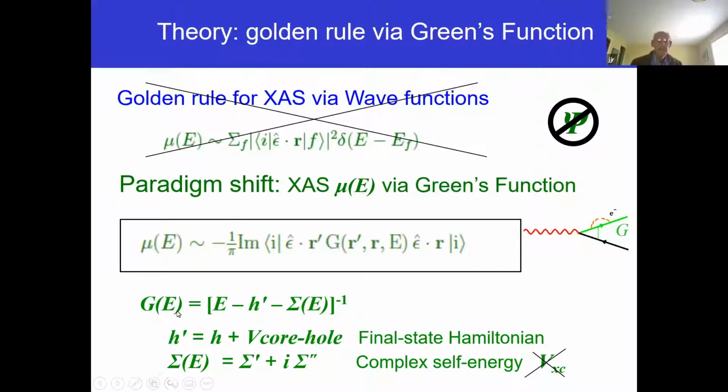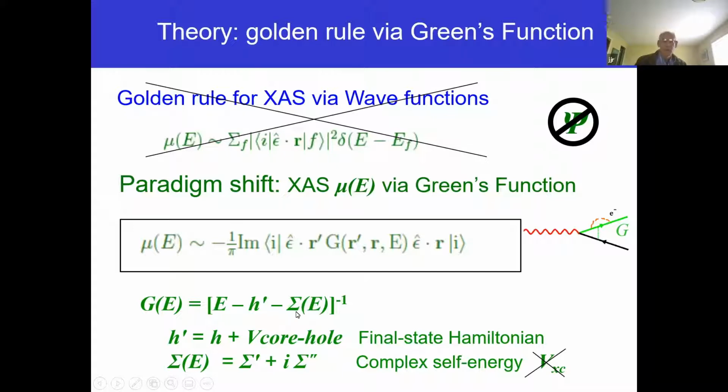Mathematically, the Green's function is given by this formula. It's called a resolvent, and it involves a Hamiltonian, which has the deep core hole potential where the X-ray was absorbed, and something called a self-energy, which reflects the relaxation and many body effects as the photoelectron goes out of the material.